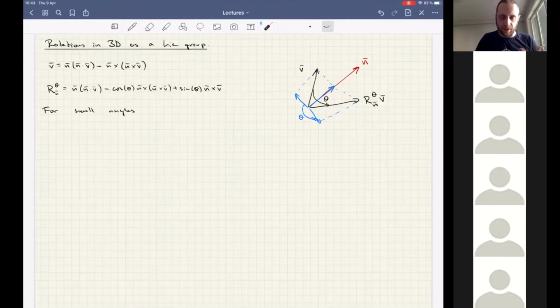So when I just do things to linear order, oops, sorry, there should be a v here because we're acting on v. So R_n(theta) acting on v, to linear order, is going to be v for the zeroth order contribution. But what's going to give me the linear contribution is this sine. The sine to linear order is equal to its argument. So it's going to be plus theta n cross v.